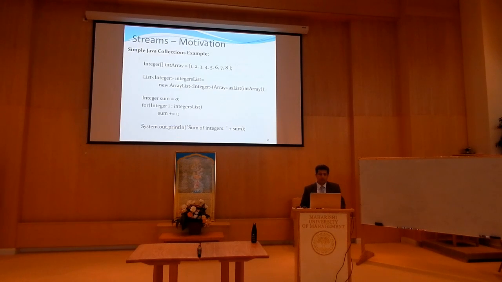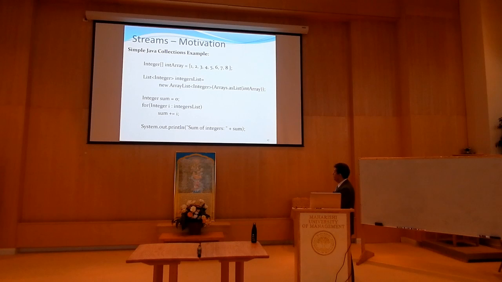Now, let's see how we use the streams and what the streams can be used for. Let's look at the simplest possible example. You have an array of integers, 1, 2, 3, 4, 5, 6, 7, 8, and then you change them. Here I'm converting them into a list, right?